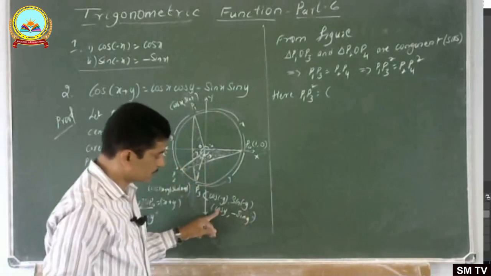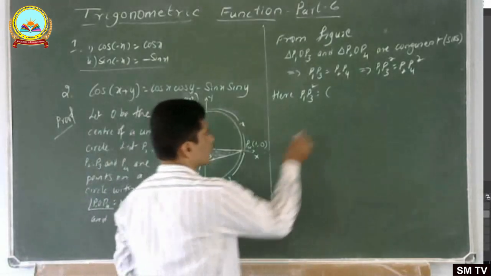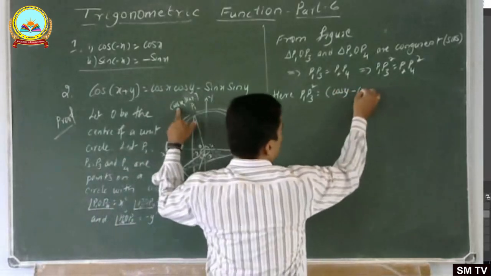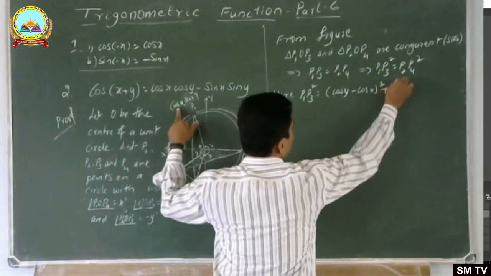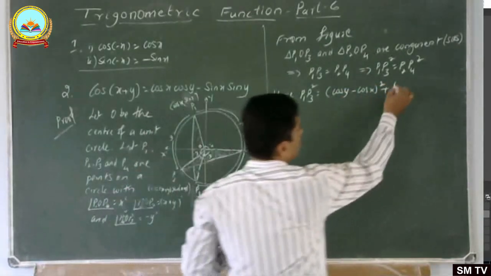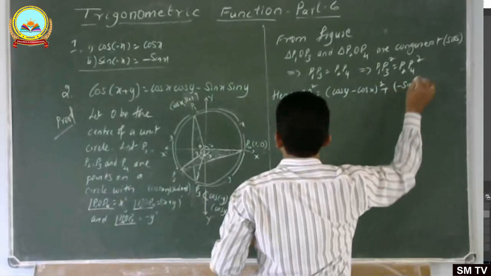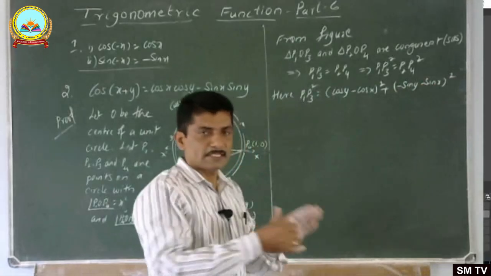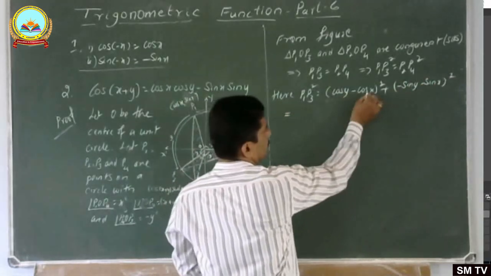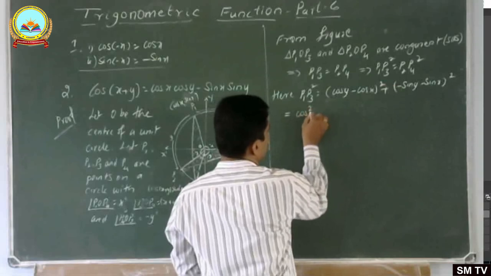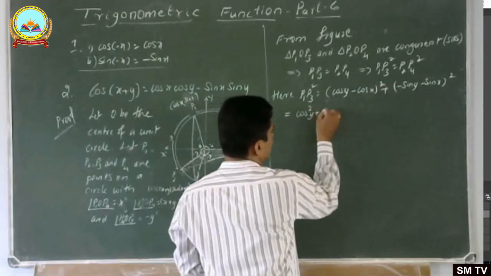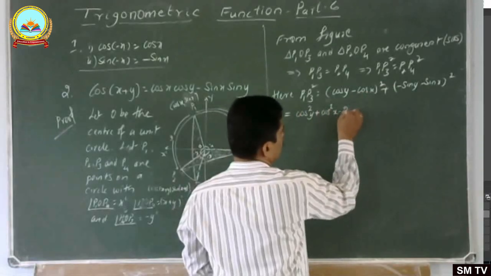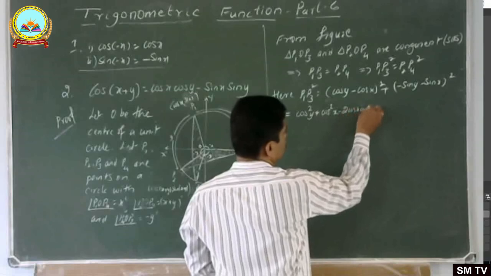Is it clear? This one is x2 minus x1. Therefore, x2 means cos y minus x1 means cos x, whole square, plus y2 means minus sin y minus y1 means sin x, its whole square. Simplify using a minus b whole square: cos square y plus cos square x minus 2 cos x into cos y.